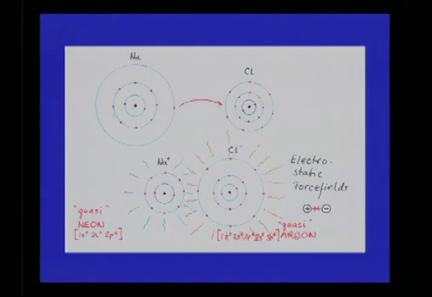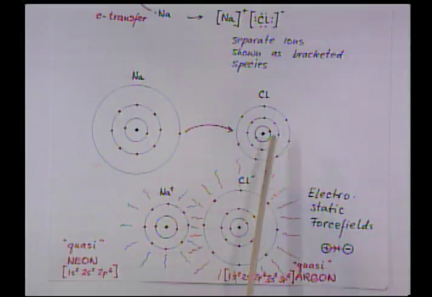Now remember, the octet rule means that the valence shell cannot have more than 8. It can have 2 for hydrogen and helium, but for all the other atoms, regardless of how many electrons this shell could theoretically have according to the 2n square rule, 8 is the limiting factor as far as the valence shell goes.